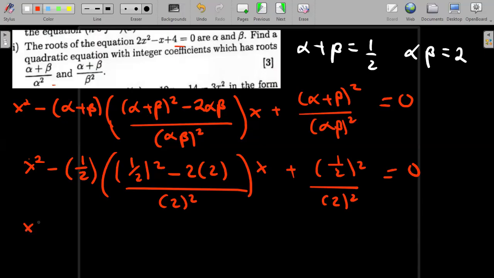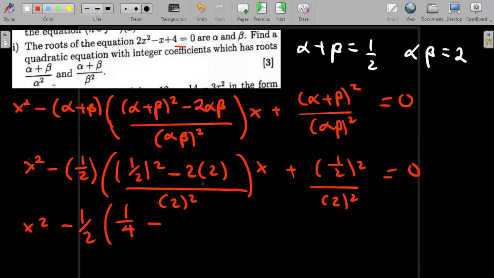So I have x squared, then I can evaluate what is inside first. Let me keep this negative 1 over 2. I can multiply the negative there. Then what is inside, I'll have 1 over 4, because when I square a half I get 1 over 4.